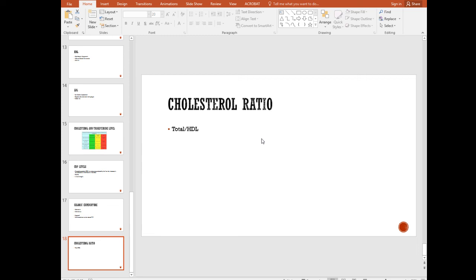Ideally, 3.5 is optimal. That's what you want it to be. That means you've got, compared to your total, a pretty high HDL. As HDL goes up, you've got to factor in total too, because that's got your LDL in it. But it's total divided by HDL.